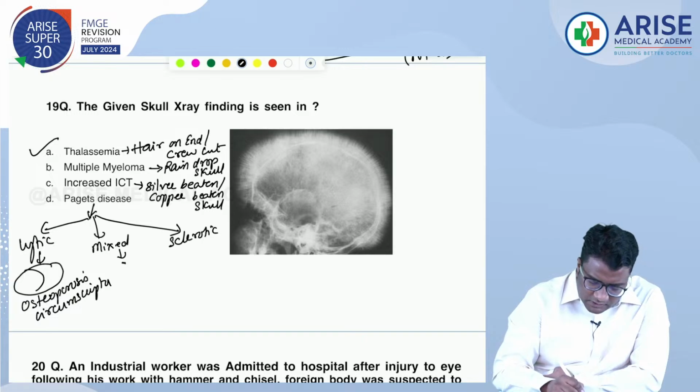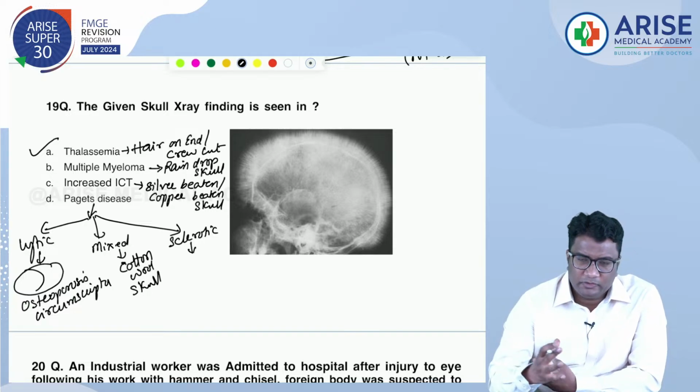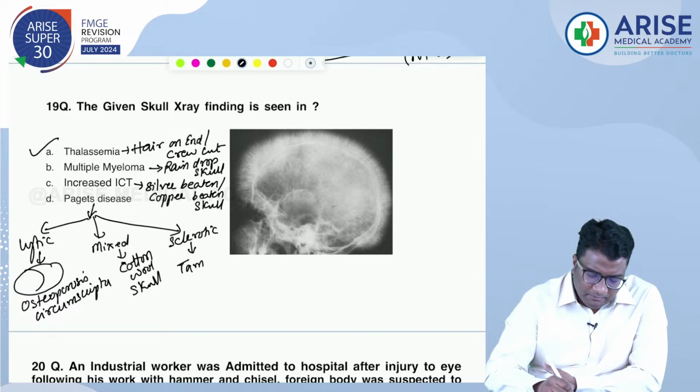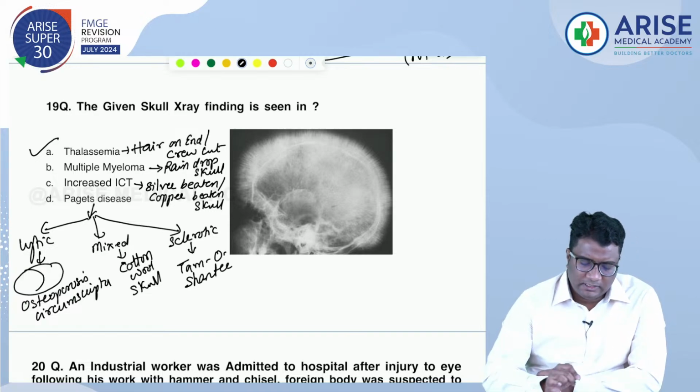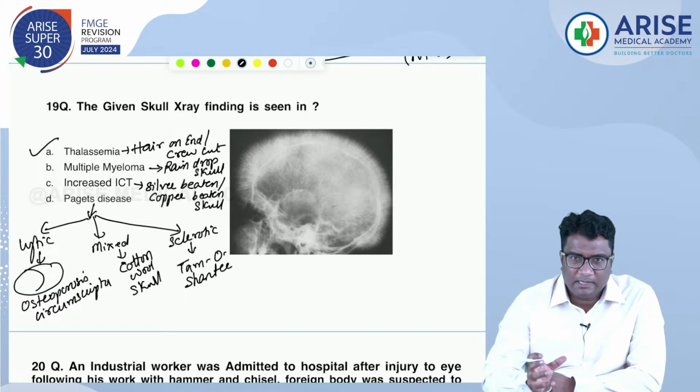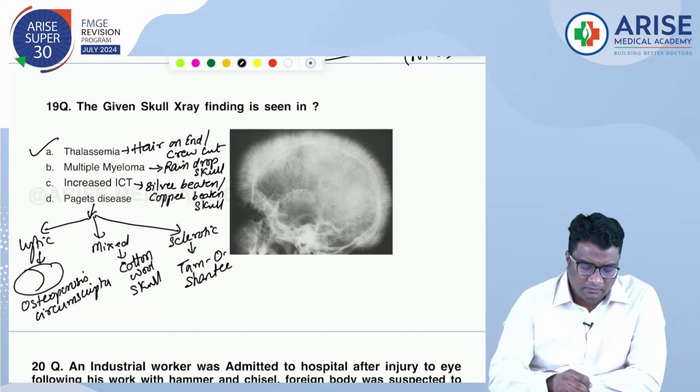The mixed phase will produce cotton wool skull. The dense sclerotic phase will produce a woolen cap appearance, densely sclerotic, that is called Tam-o-Shanter skull. So osteoporosis circumscripta, cotton wool skull, Tam-o-Shanter sign, all of these are features of Paget's disease.